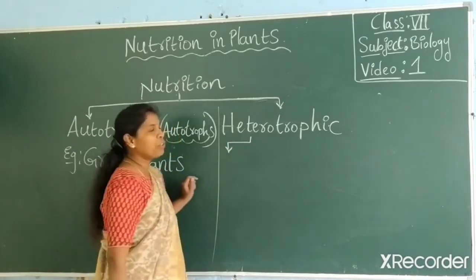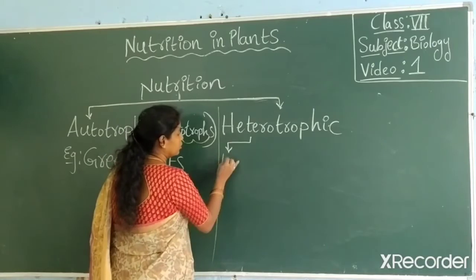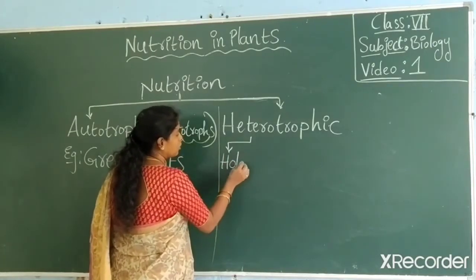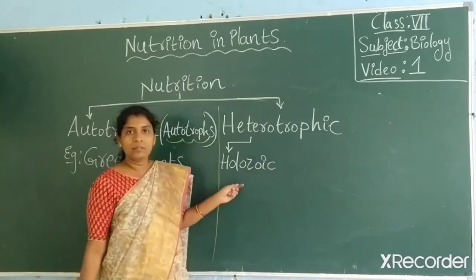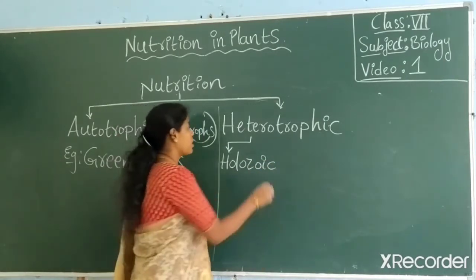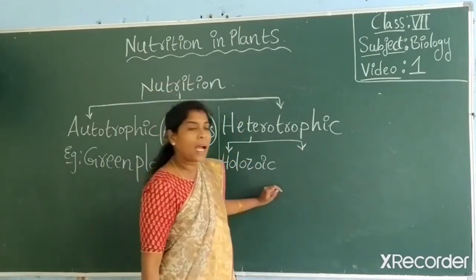So heterotrophic nutrition, the first one, holozoic. And the second one, saprophytic.